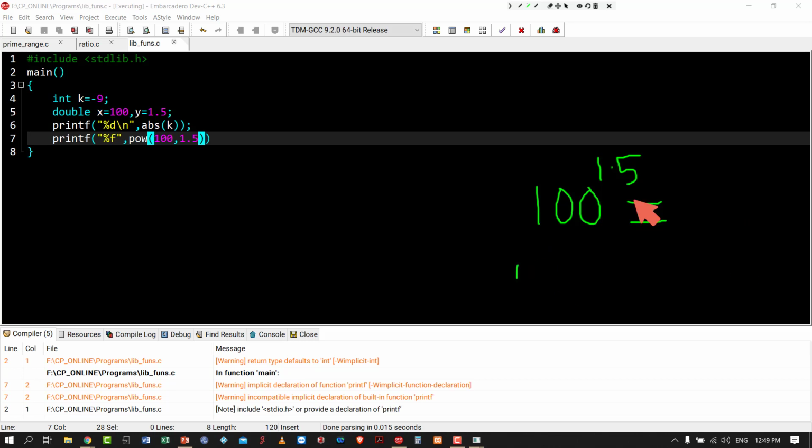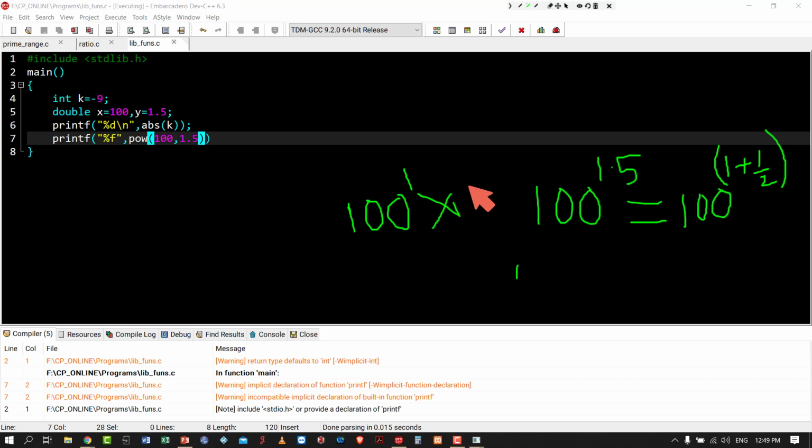So can I write it like 100 raised to 1 plus 1 by 2? The meaning is the same now. 1.5 is the same as 1 plus 1 by 2. So this I can write as 100 raised to 1 into 100 raised to 1 by 2. What is 100 raised to 1 by 2? Root of 100, it is 10. That is 10 into 100. So the result will be 1000.